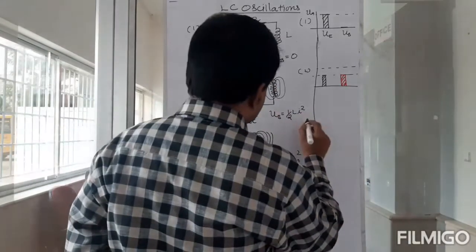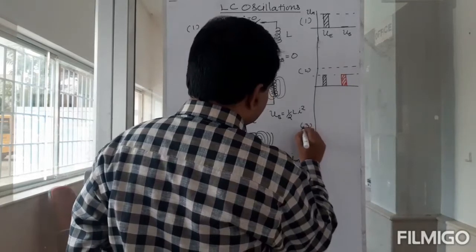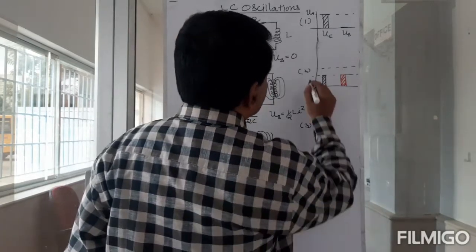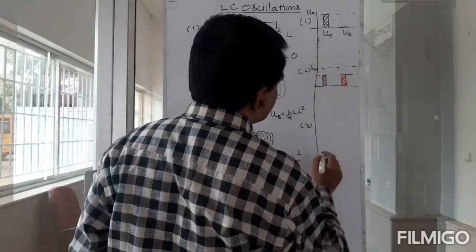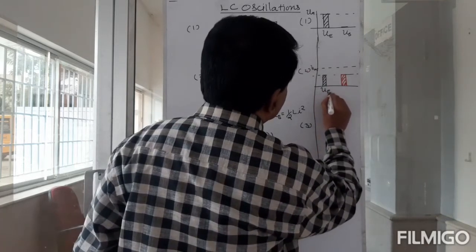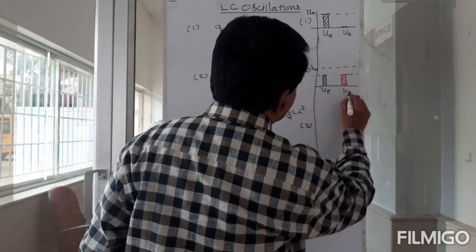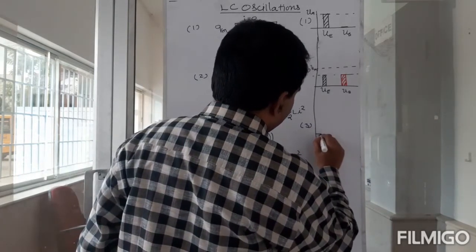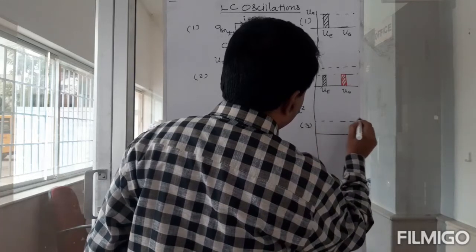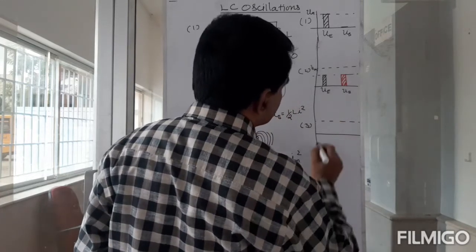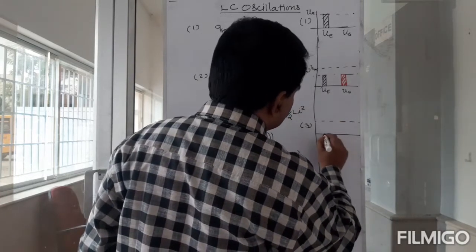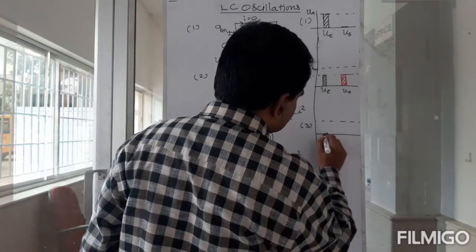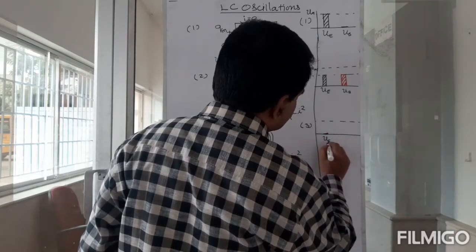Okay, so 3 is this. This is Em. Okay, this is Ue, and this is U. Okay, third is going to be, okay. So third, the Ue is 0. There is nothing in it. The Ue is 0.